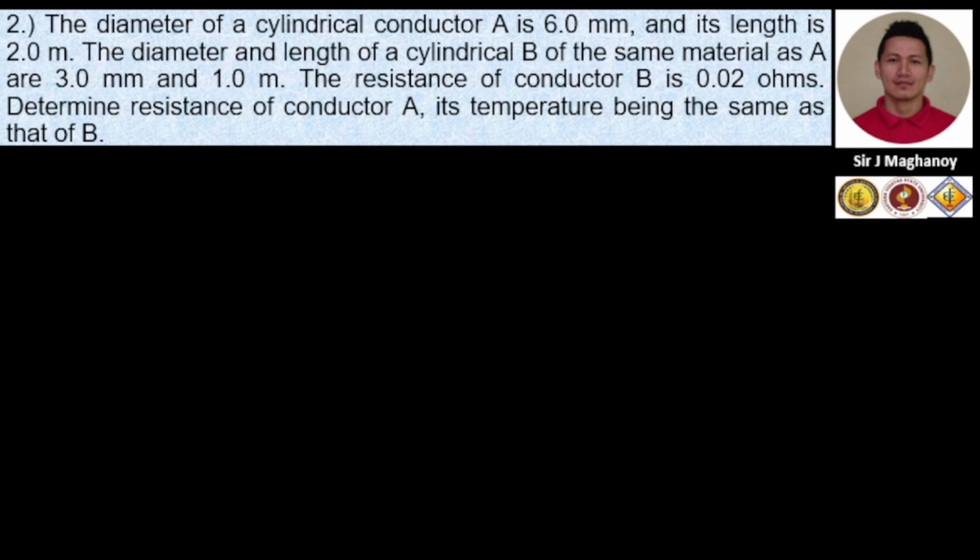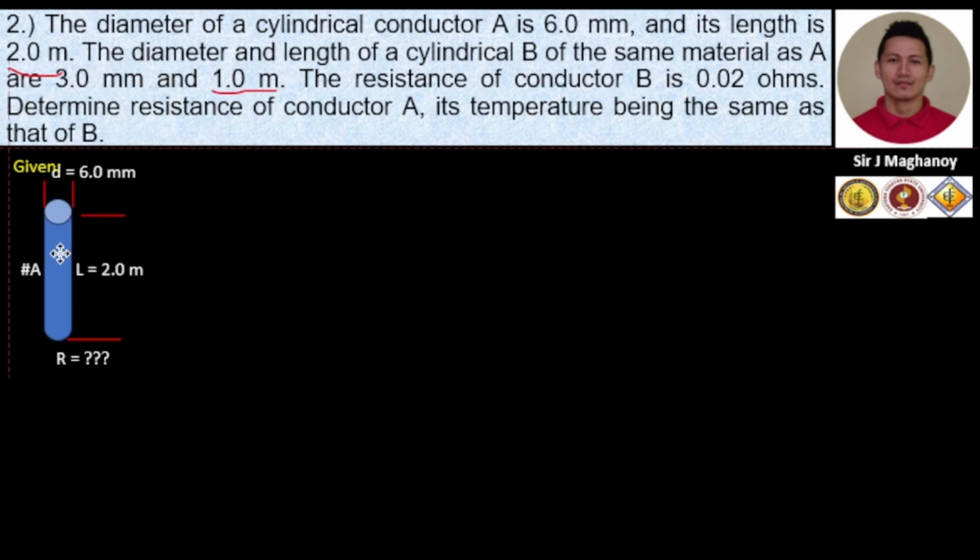Okay, so our first procedure is to summarize and compare both given. Based on our statement of the problem, we have two different conductors: a 2-meter conductor and a 1-meter conductor. So we need to summarize the given data.